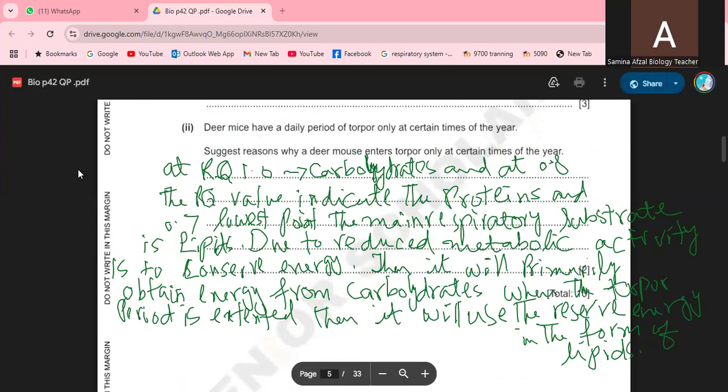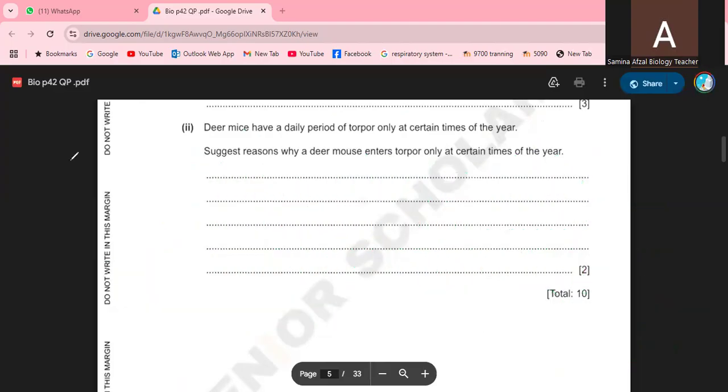Deer mice have a daily period of torpor only at certain times of the year. Focus on that. Suggest reasons why a deer mouse enters torpor only at certain times of the year.